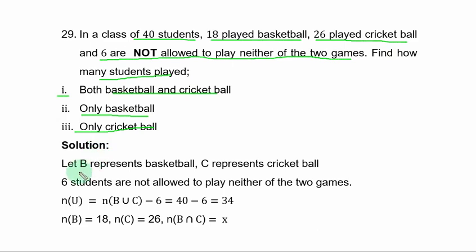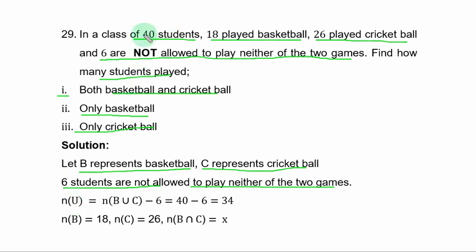Solution. Let B represent basketball, C represent cricket ball. From the question, 6 students are not allowed to play either of the two games. You have to note that.